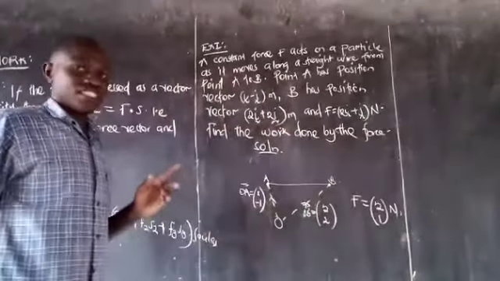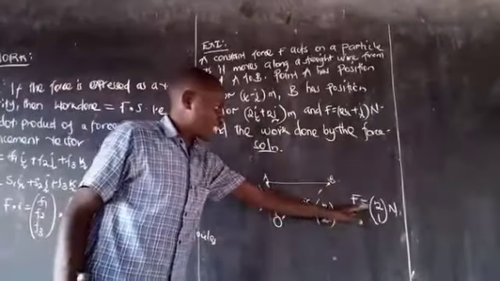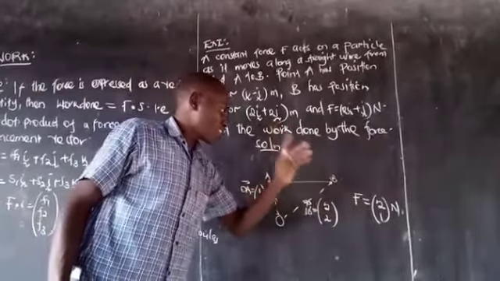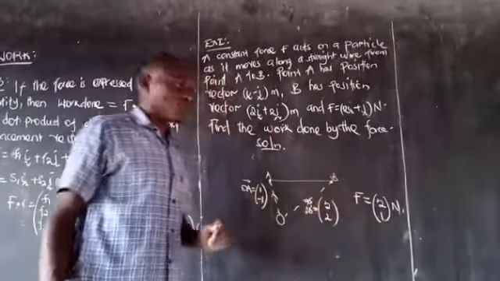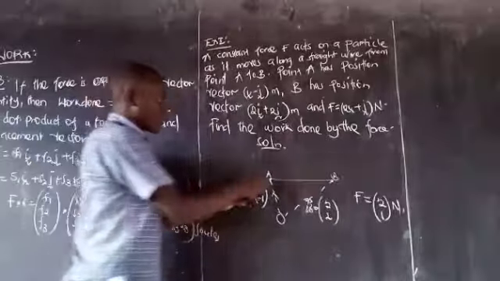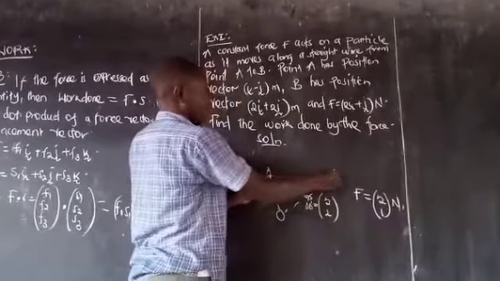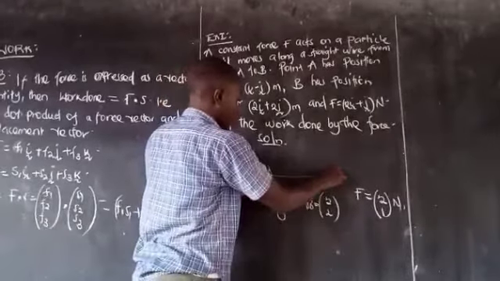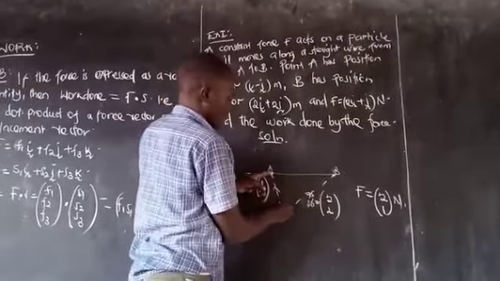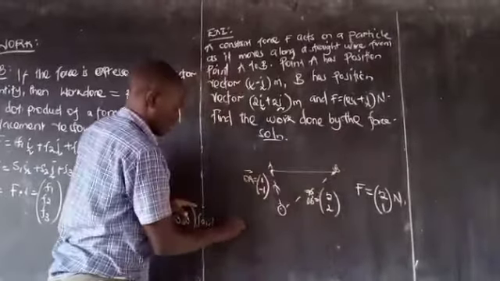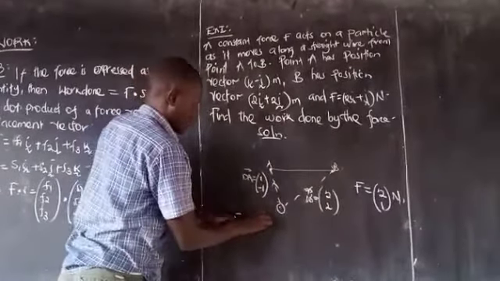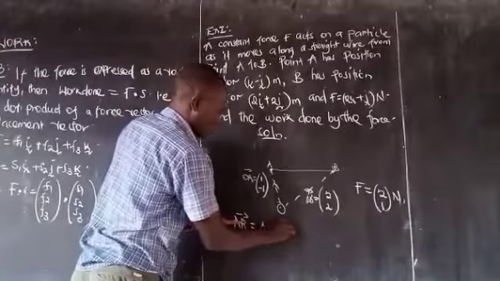We said that if the force is expressed as a vector, then the work done equals the dot product of force and the displacement. If the body is moved from A to B, then we are required to look for the vector AB. And to get vector AB, you move from A to O and then O to B. So we shall say vector AB equals AO plus OB.